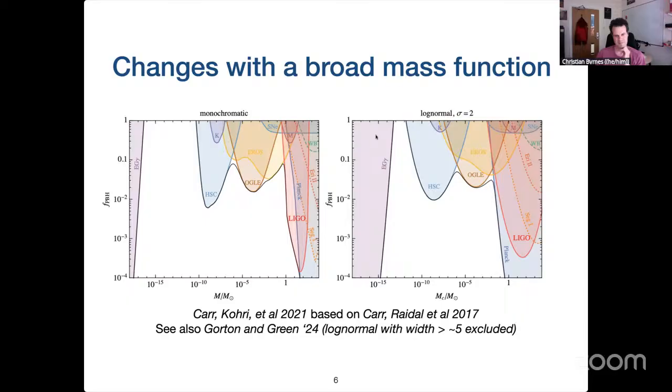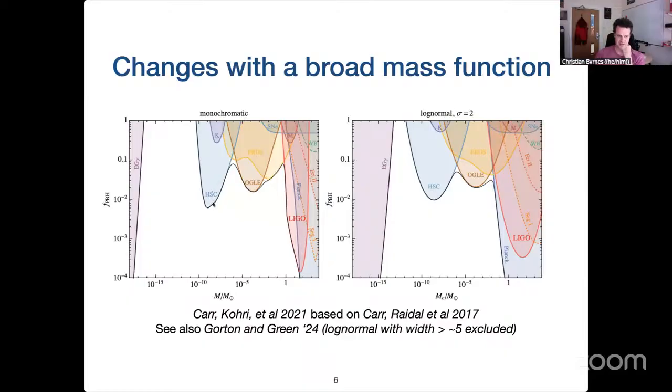But the asteroid mass window gets narrower because these constraints get broader, basically because it's saying, if not all the black holes have a single mass, then if your peak was, say, here, with a monochromatic mass spectrum, there'd be no constraint. But if you have a broad mass function, something like this, then you're not allowed to overlay with the microlensing constraints.